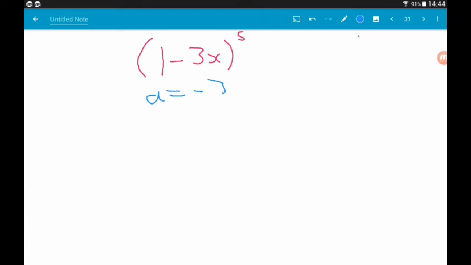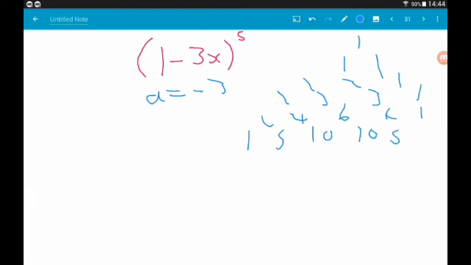So, Pascal's triangle: 1, 1, 1, 1, 2, 1, 1, 3, 3, 1, 1, 4, 6, 4, 1, and then 1, 5, 10, 10, 5, 1. So the coefficients I want are 1, 5, 10, 10, 5 and 1.